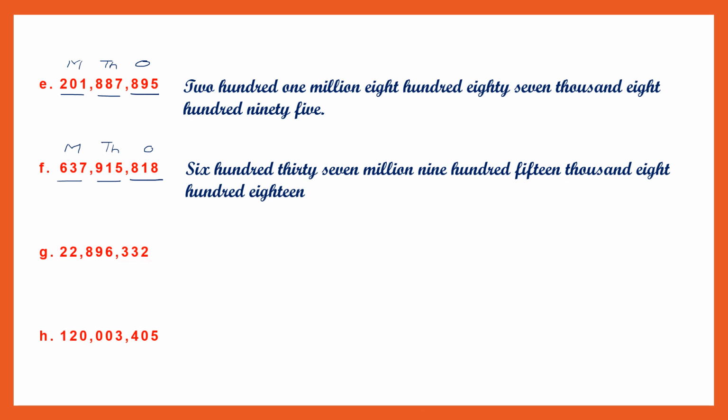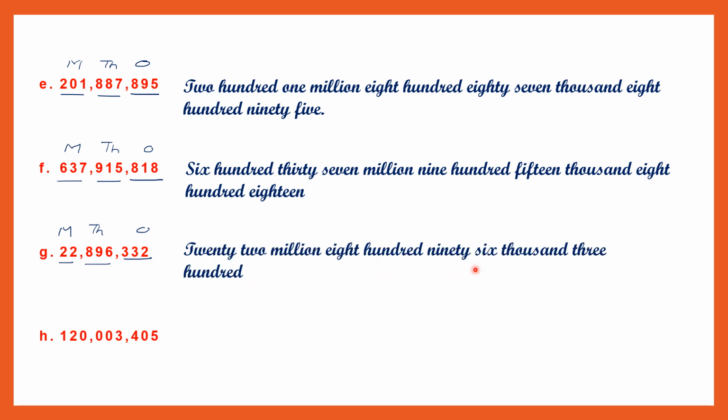Question G. 332 is in the ones period, 896 is in the thousands period, and 22 is in the millions period. So let's read this. 22,896,332. So 22,896,332.